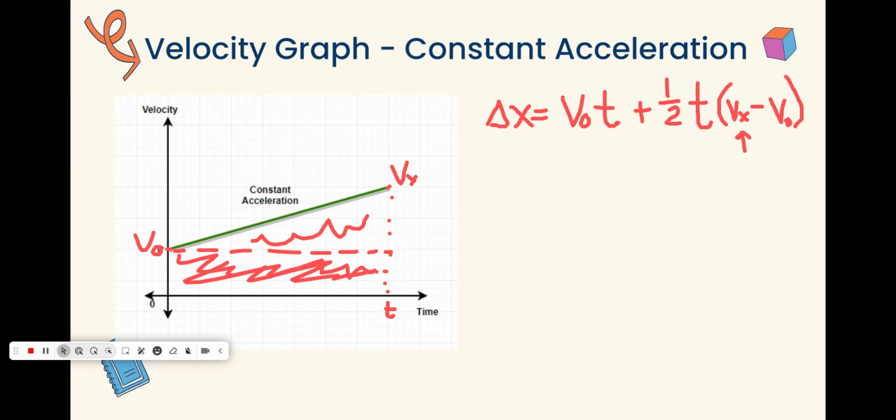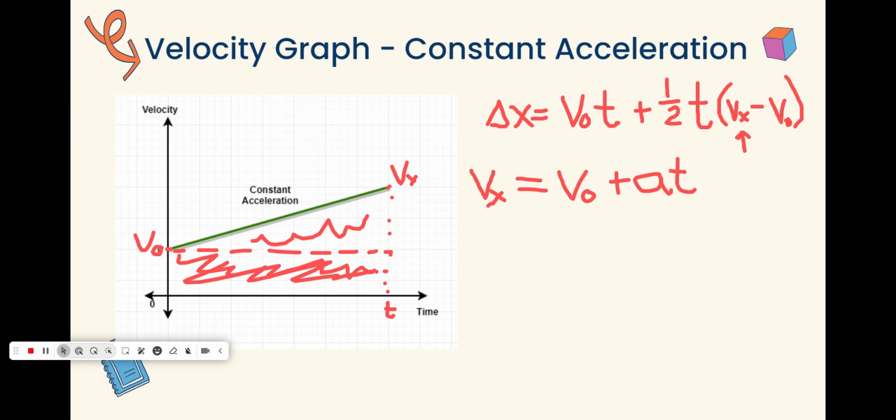Okay, so we need to figure out a way to get rid of that v sub f, or the v sub x, the final velocity. And so we're going to figure out some way of changing this into acceleration. We know that final velocity, v sub x, equals initial velocity, v sub 0, plus at, right?